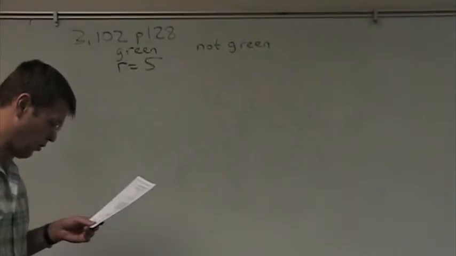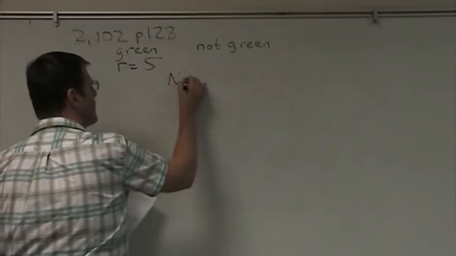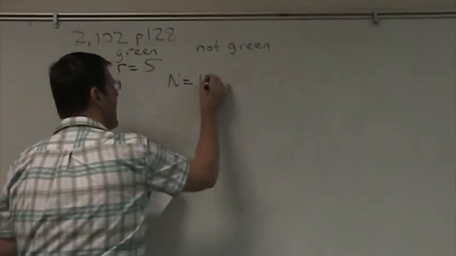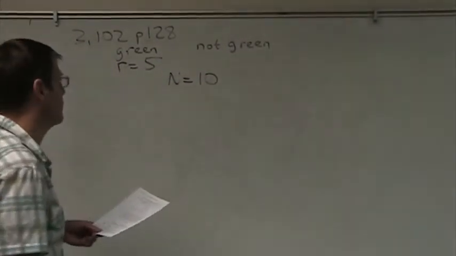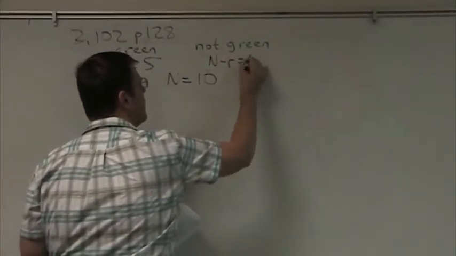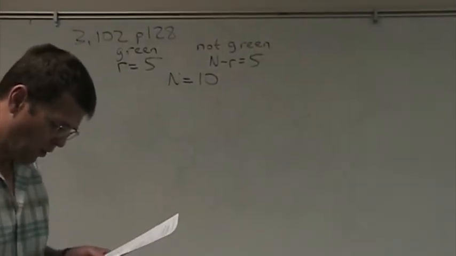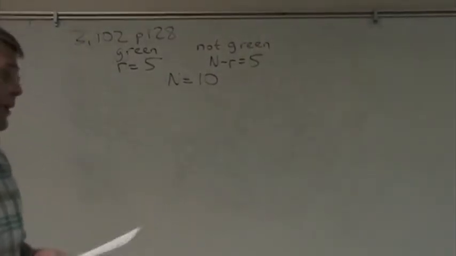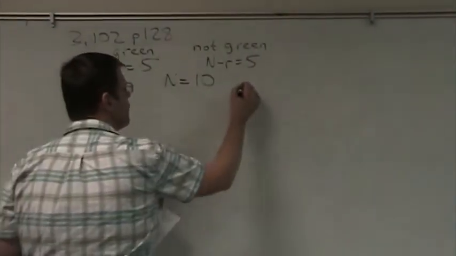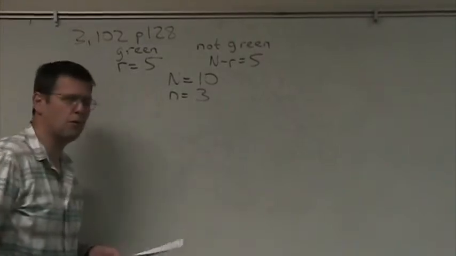We also know that there are 10 marbles in the urn, so capital N is 10, and hence the number of not green marbles would be capital N minus R, which is also 5. We're also told that we draw 3 without replacement, so little n is equal to 3.